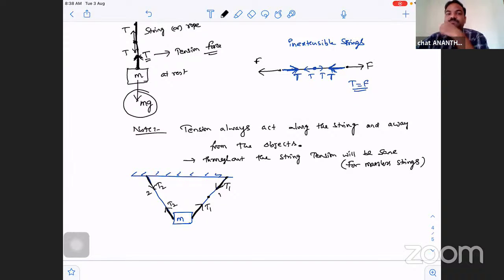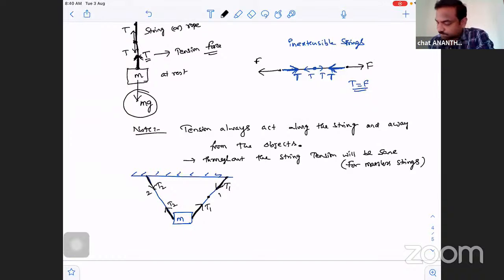You have to know all these forces. Okay, finished?